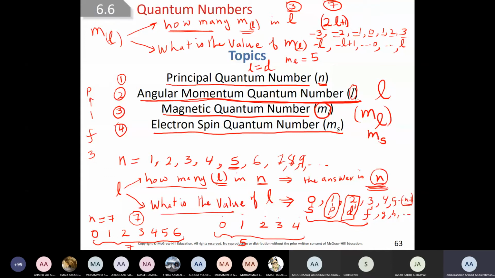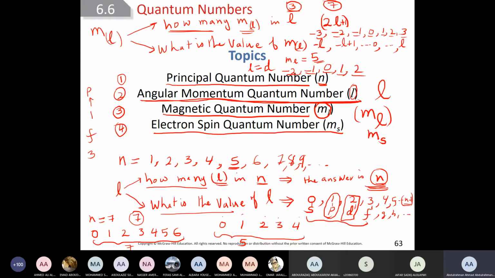What are the values? Minus 2, minus 1, 0, 1, and 2. Count them: 1, 2, 3, 4, 5 solutions. Is this clear?